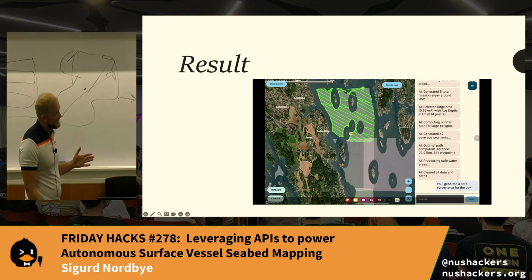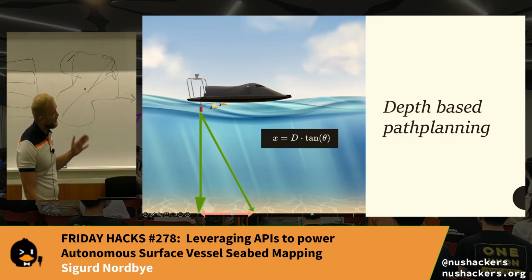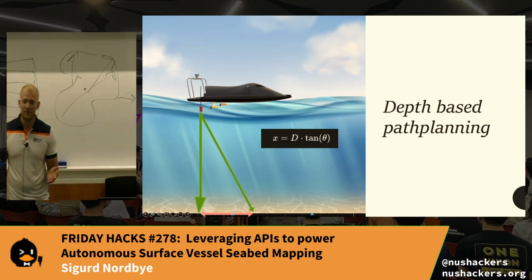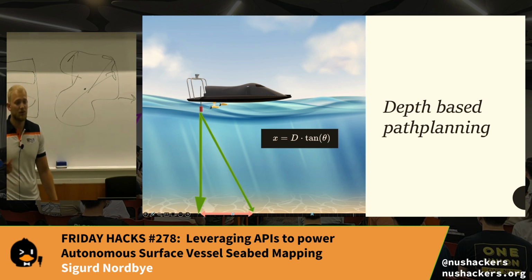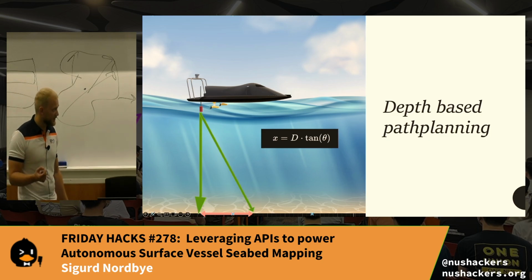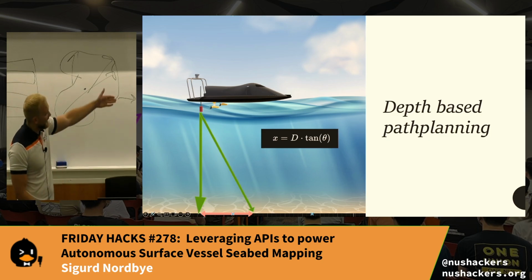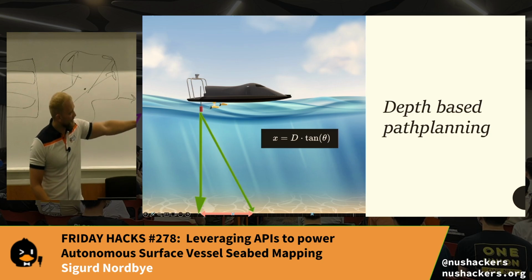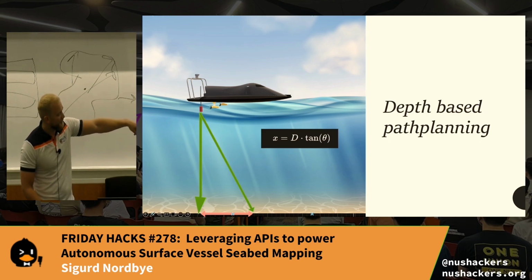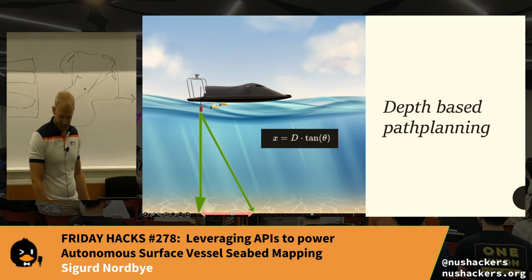And since our sonar works like a flashlight, right? The deeper the water, the bigger the coverage of the seafloor. Therefore, since we use the API, we already know the depth of where we're going. So we can plan based on the depth. Because if you know the two green lines, basically, and you know the angle of the sonar, you can find the red line, which would be the coverage.